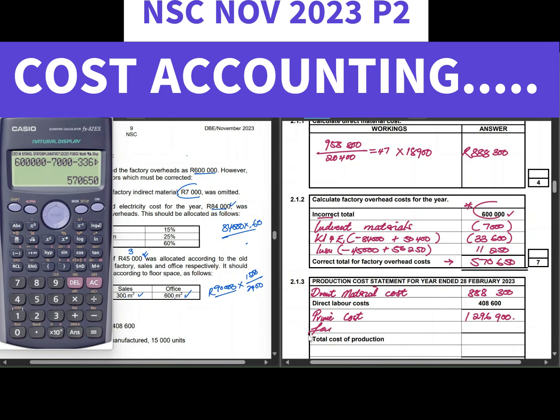So I'm coming here, I now have my factory overhead cost. This is my factory overhead cost, and my factory overhead cost is 570,650. So I'm coming here, and now let me just do this on my calculator. I'm now going to say my prime cost, which is my 1,296,900.